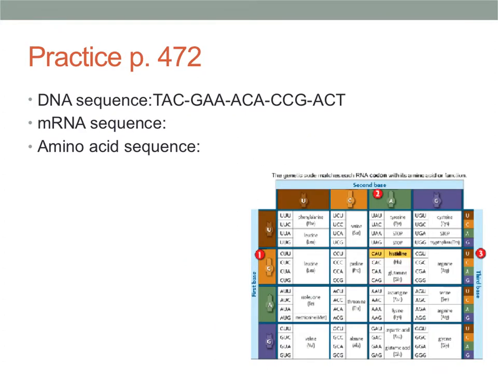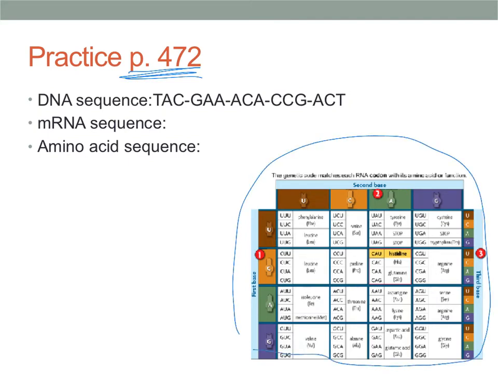So let's use this table on page 472 of your book, this universal genetic code right here. We're given a DNA sequence of TAC, GAA, ACA, CCG, ACT. Now we need to write what the messenger RNA sequence would be formed from that. So remember base pairing rules.